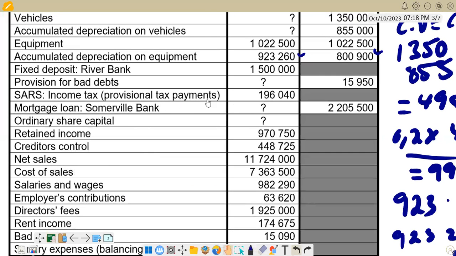The provisional tax payment that was made was 196,040. So we compare with the actual tax amount. If the actual tax amount is greater than this provisional, it becomes an accrual and we put it under current liabilities. But if the actual amount is less than the provisional, it becomes a prepayment, then the difference we put under current assets.